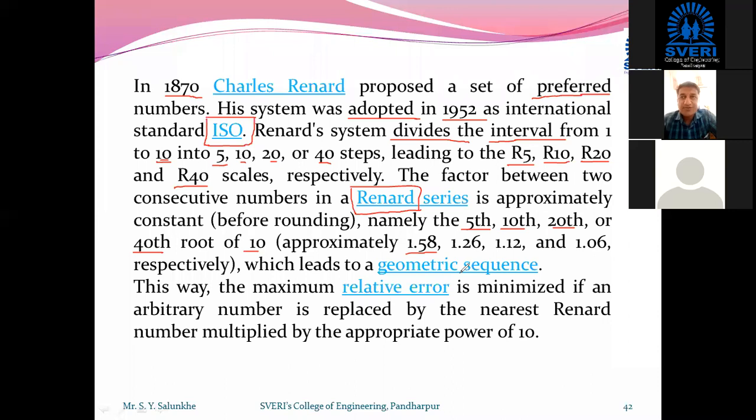So these values come as 1.58, 1.26, 1.12 or 1.06. These are the respective roots of 10, and this is the value we can keep as a standard ratio between two successive values of the preferred series.